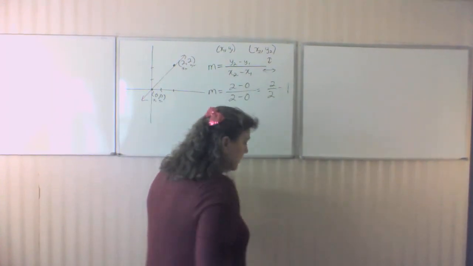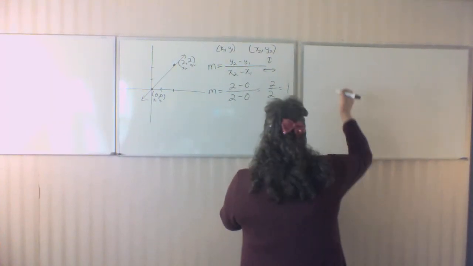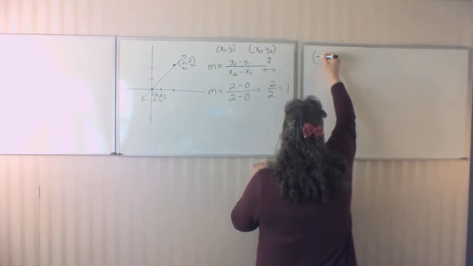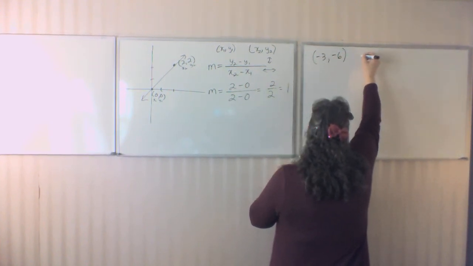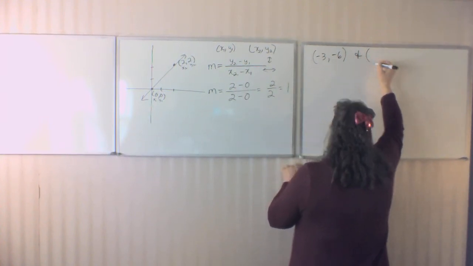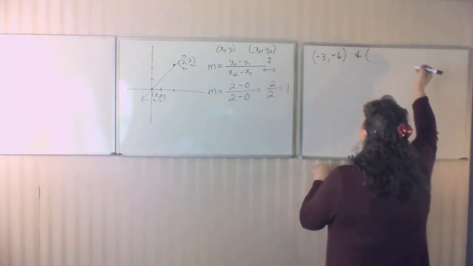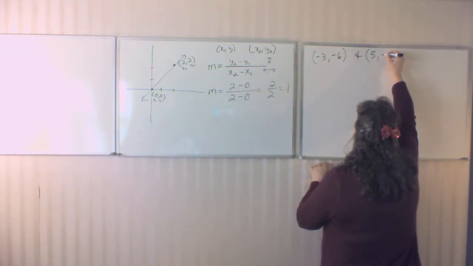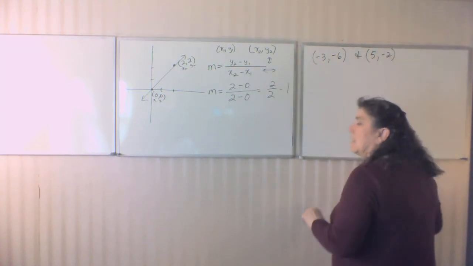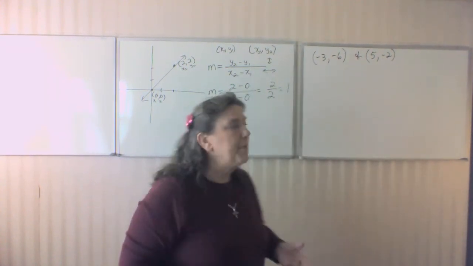Okay, so now let's look at another set of ordered pairs. Let's go 5, -2. Okay, there's another set of ordered pairs.